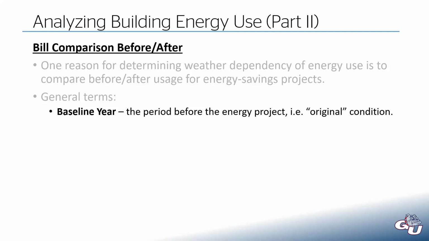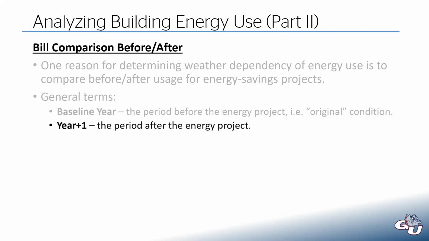The baseline year would be that overall period. So say the year before we did anything, how much energy did they use? The year plus 1 would be the period after you do the energy project. So you do the energy project, and then you can look at the bills a year later, year plus 1. That would be that period.